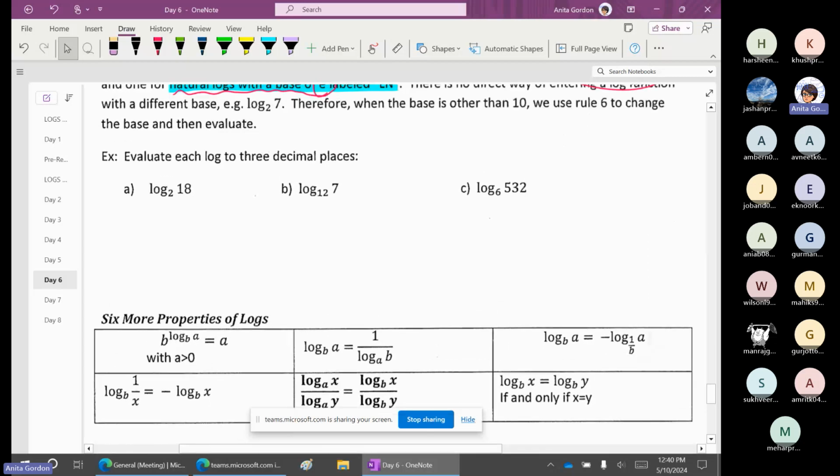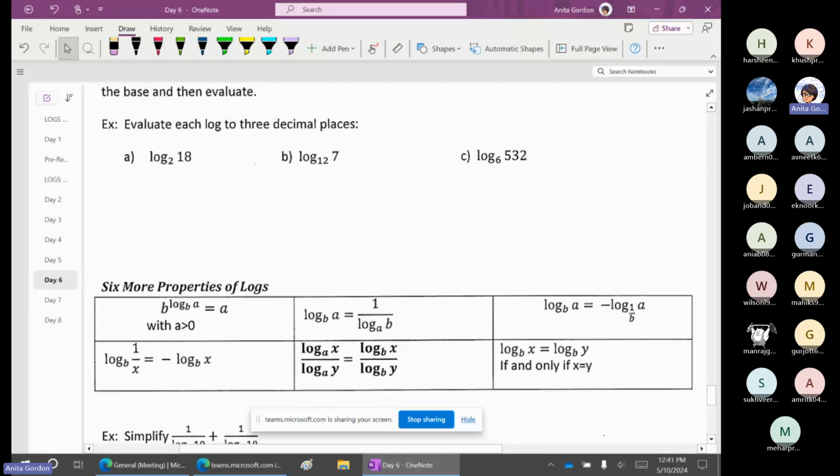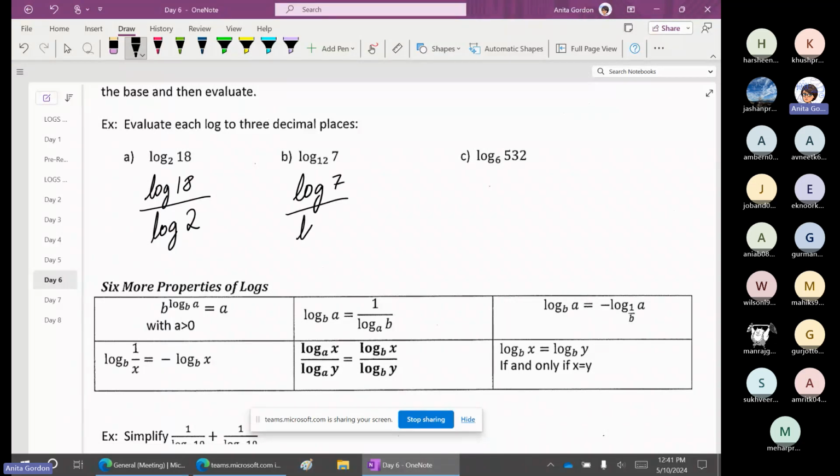Okay. Because our calculators don't know how to do change of base, you have to know how to do change of base. When we do a calculator question, the change of base will always be base 10. The inside of the log is always the numerator. The base of the log is always the denominator. So as long as you can keep those straight, you will be good to go. You're going to put this in your calculator as a fraction.